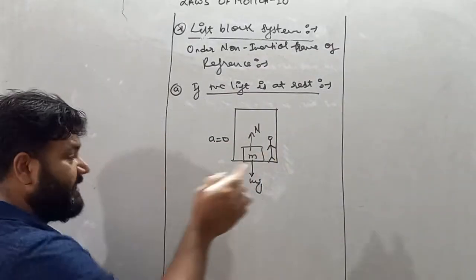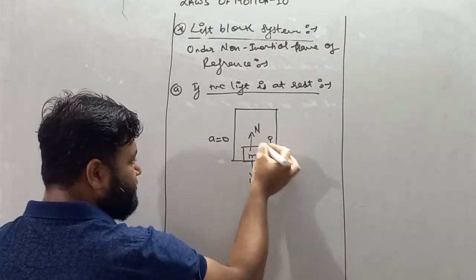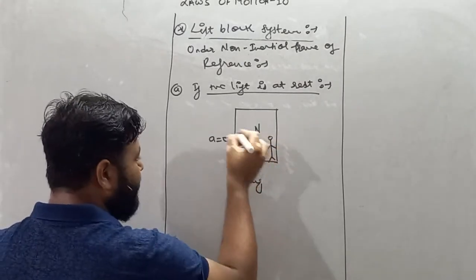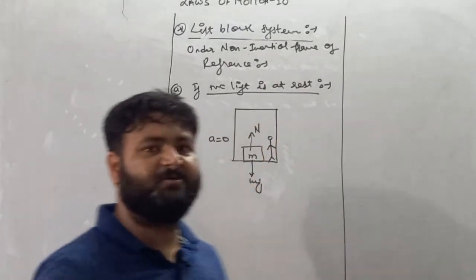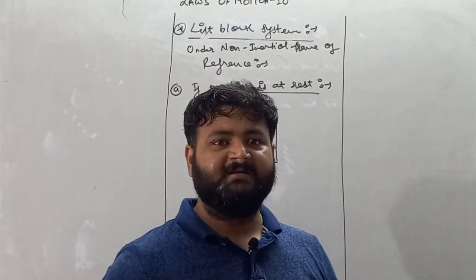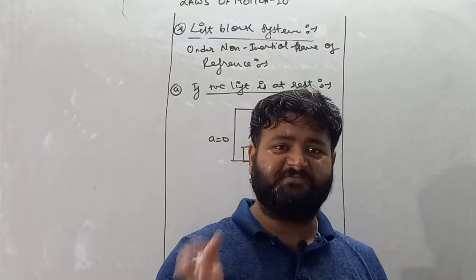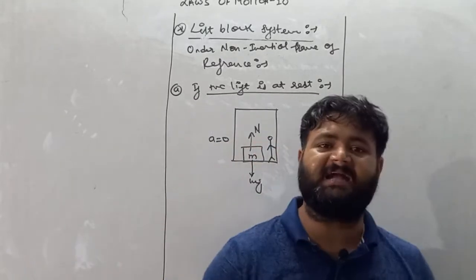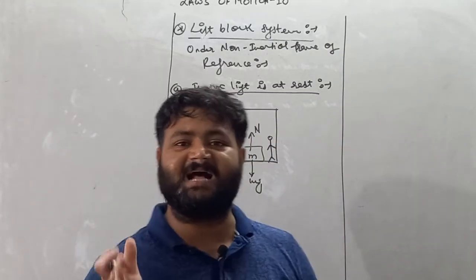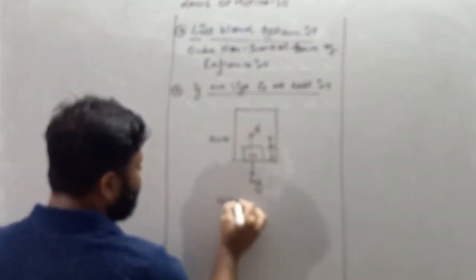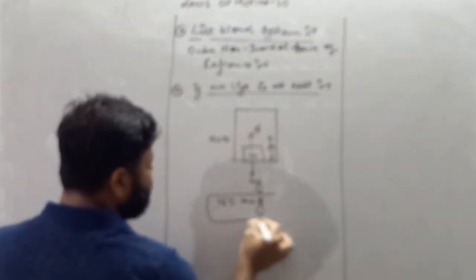So apply a similar concept here. If I am standing inside the lift, I am saying the block is at rest. So if the block is at rest, this condition is called the equilibrium condition, because forces are acting but still the body is at rest. So if forces are acting and the body is still at rest, then we'll say the forces are in equilibrium. So if forces are in equilibrium, then we'll write normal is equal to mg.